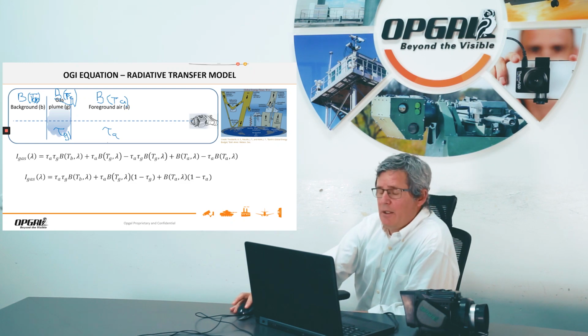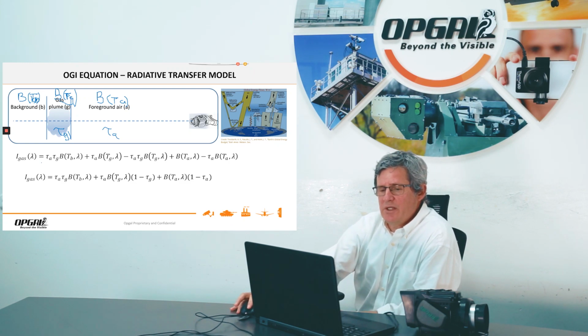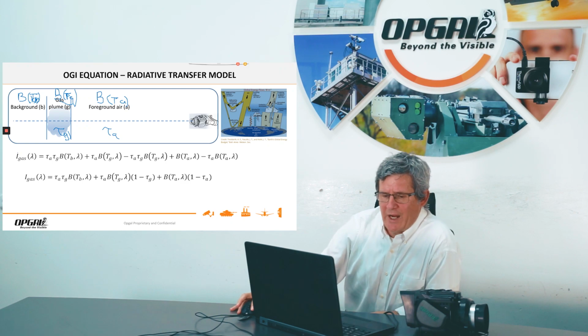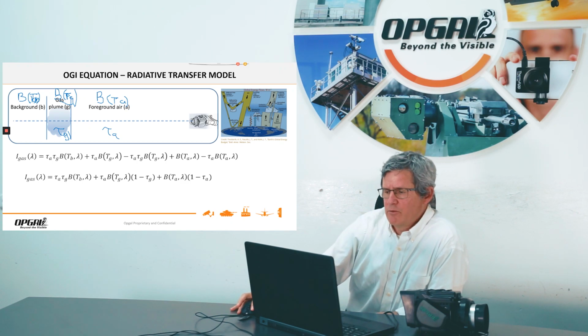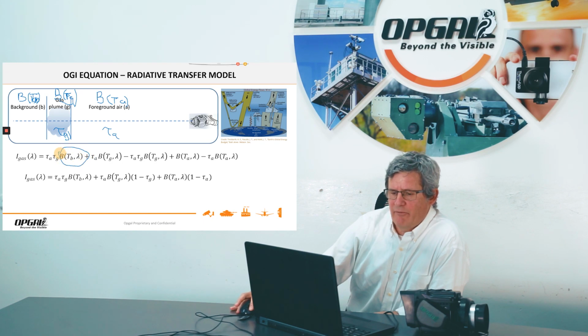So if we are now trying to see what will be the spectral radiance that will reach the camera from the background, and we write it from left to right, it's going to be this spectral radiance that comes from the background times the transmission through the gas layer and the transmission through the air area.